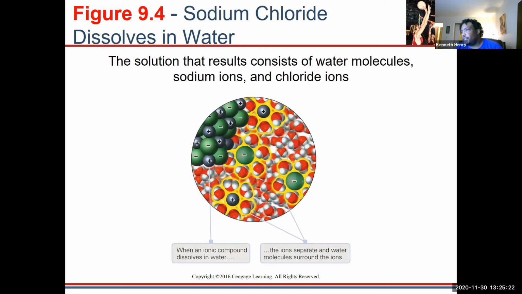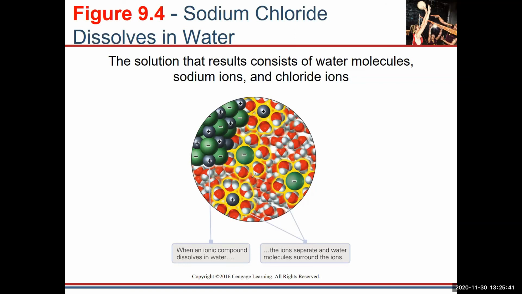Okay, so here's an example. If we're dissolving salt in water, sodium chloride in water. First, initially when you put it all in water, you have your plus and your minus, your plus and your minus, your plus and your minus. But as it sits in that water long enough, it'll actually dissolve, right?